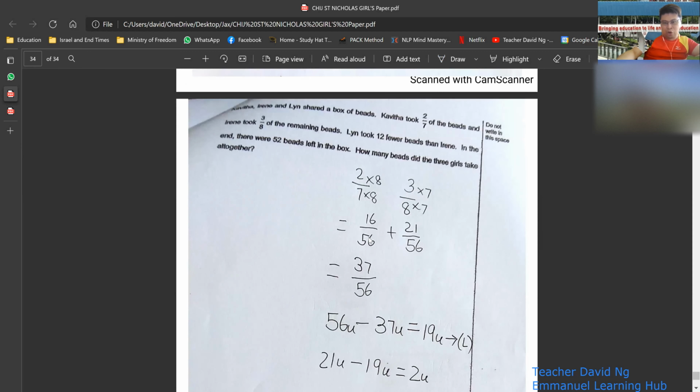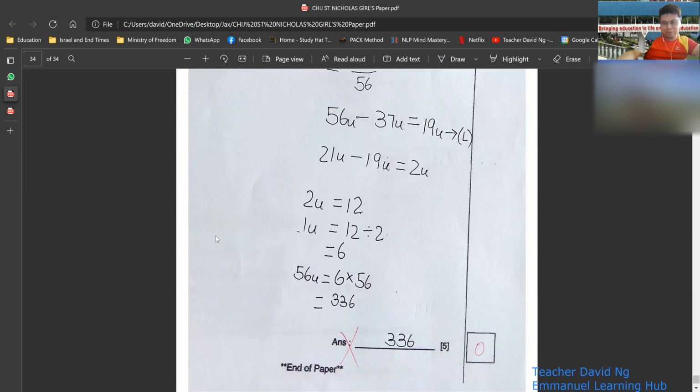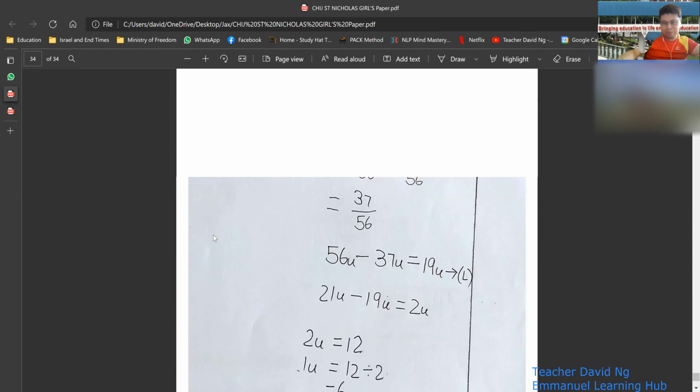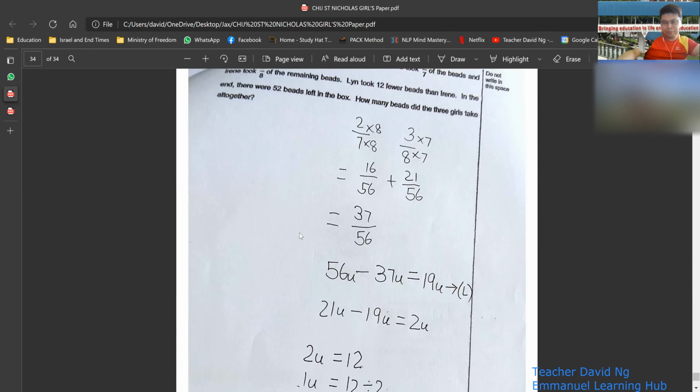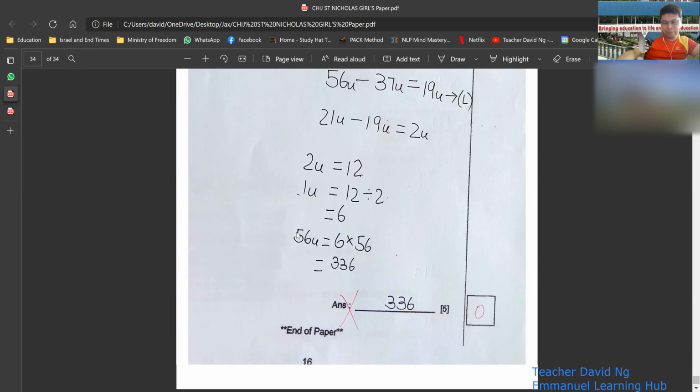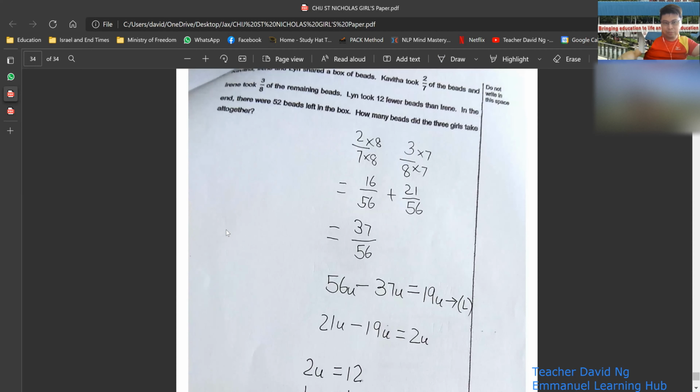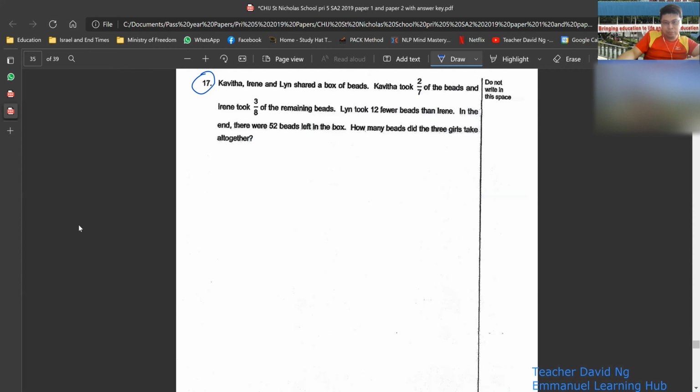Then the working here is also wrong. So you have to draw a model. The question is how to draw the model.